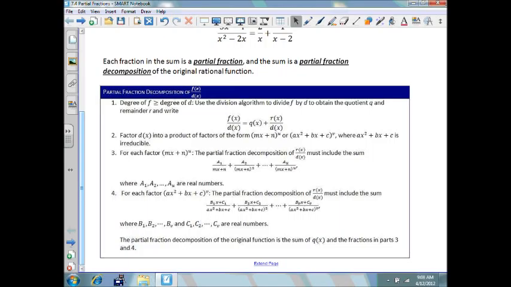If the degree of the numerator is bigger than the degree of the denominator, which you'll see in your homework, you will have to do polynomial long division first, then do the partial fraction decomposition. The big thing here, we'll have to factor the denominator into a product of factors. Also, we'll have to put A's, B's, and C's over it. It's a lot easier if we just get into it.